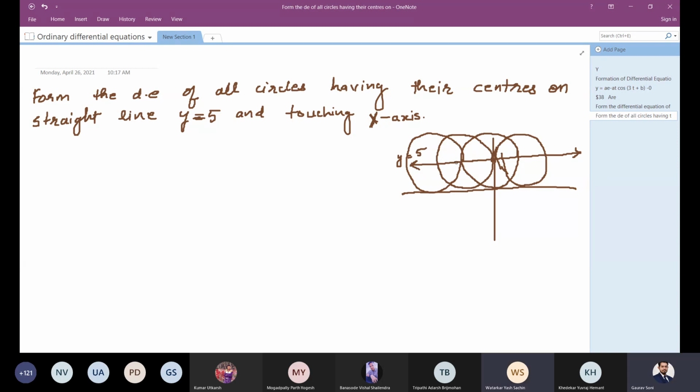So the equation will be x minus h whole bracket square plus y minus 5 whole bracket square is equal to 25. Yes, exactly. Solve it, form the differential equation and tell me the final solution.